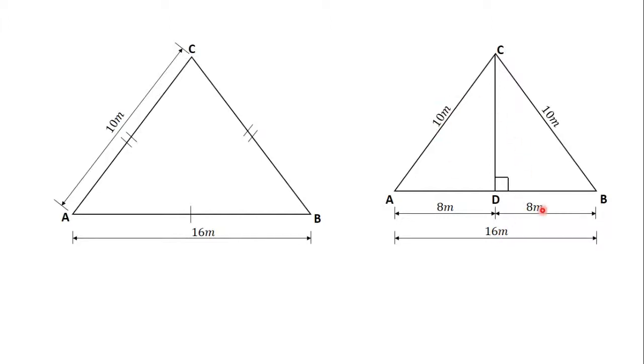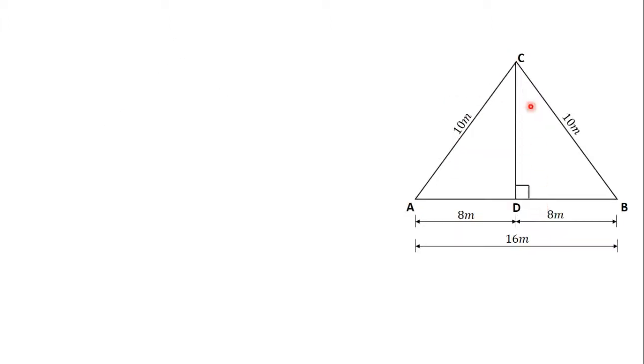So we have this as our triangle. We have AC as 10 meters, BC as 10 meters, and AB as 16 meters, but it has been divided into two, so AD is 8 meters and DB is also 8 meters. The first part of the question says that we should find the area of the triangle.